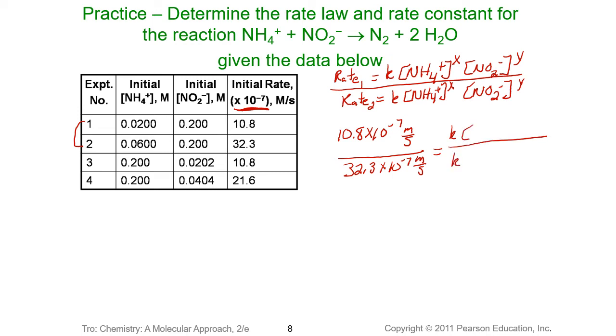Our ammonium concentration 0.02 to the x, and 0.06 to the x. Again, our nitrite is going to cancel out. The k will cancel out.